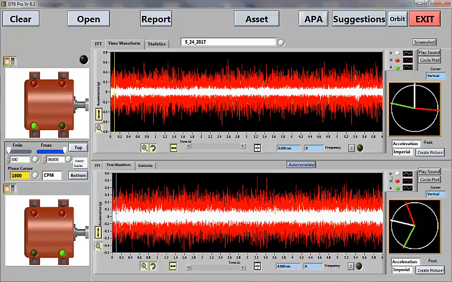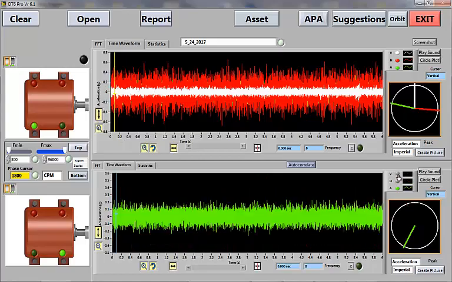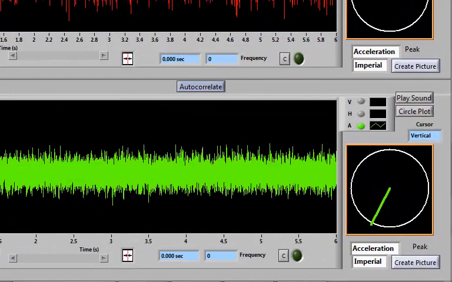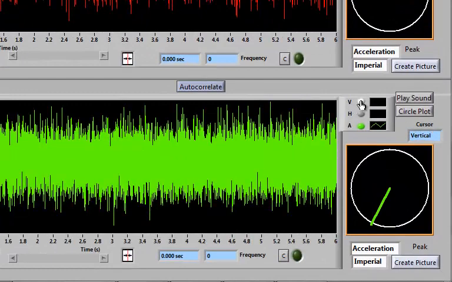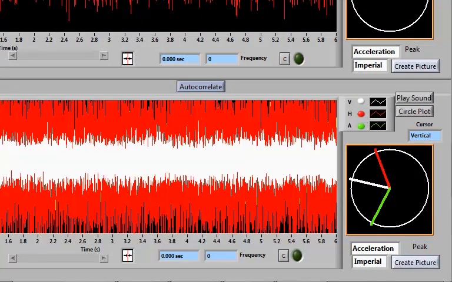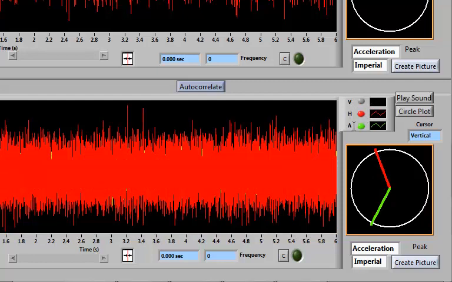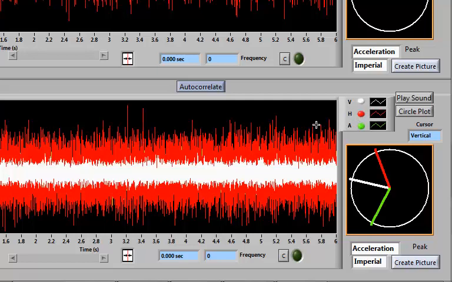right? And when we're looking at that, we can still see some of these spikes, and if we even look at the horizontal, we still see what looks like spikes that are ringing down. And spikes are a pretty good indication of impacts. And so what causes impacts?